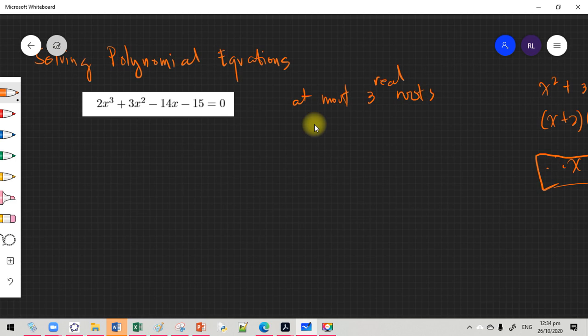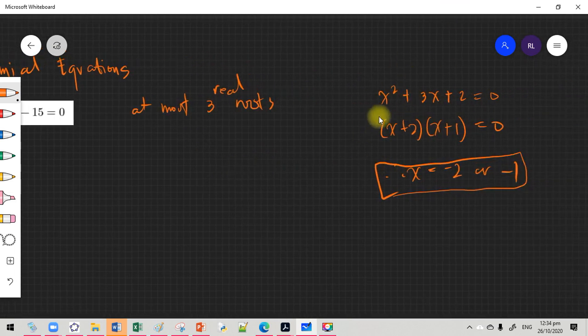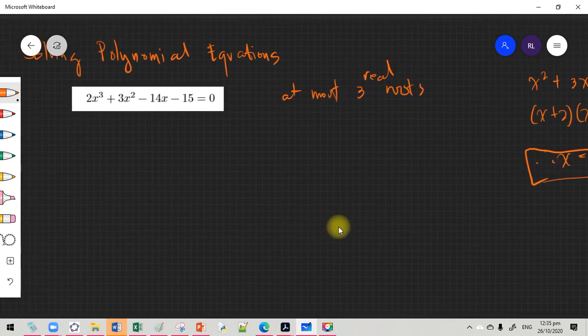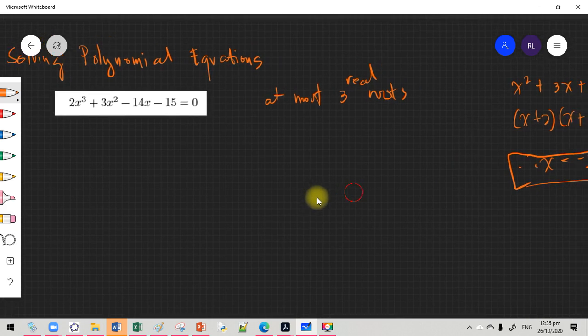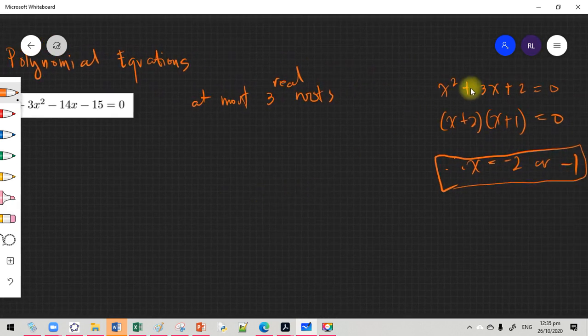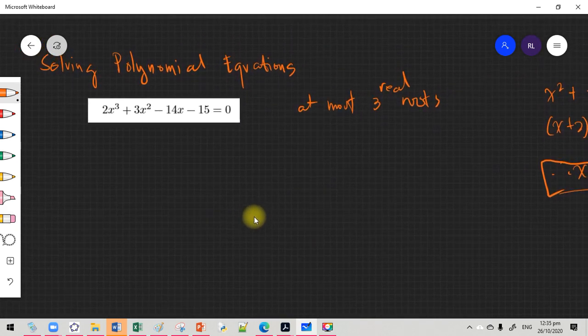So the method is, how do we solve polynomial equations like cubic equations and quartic equations? We already have an idea of how to solve a quadratic equation. Remember that if it's not factorable, you can use the quadratic formula.